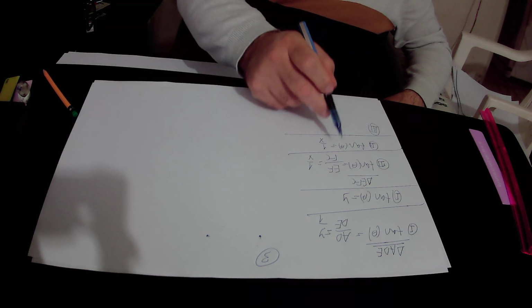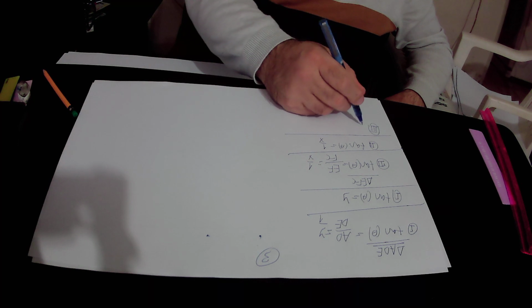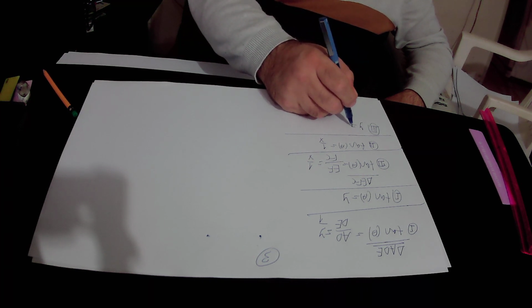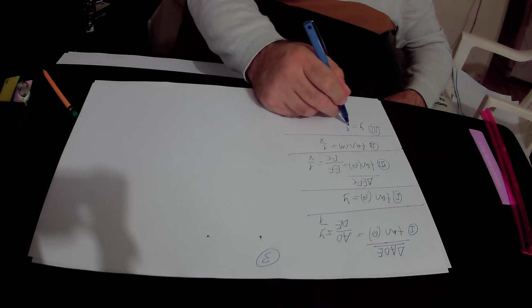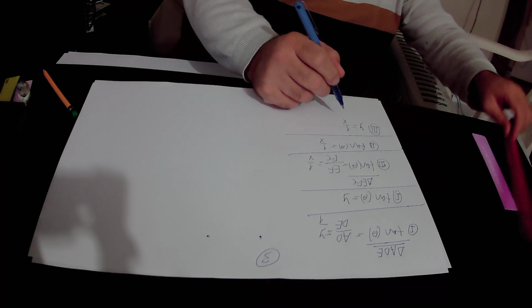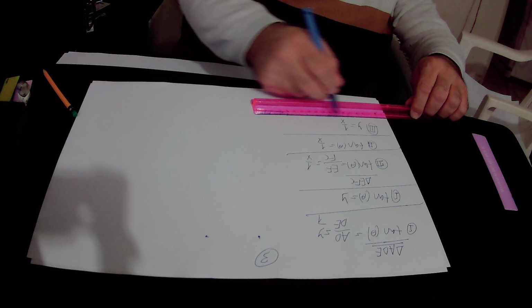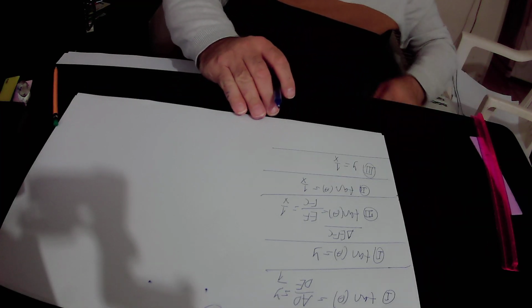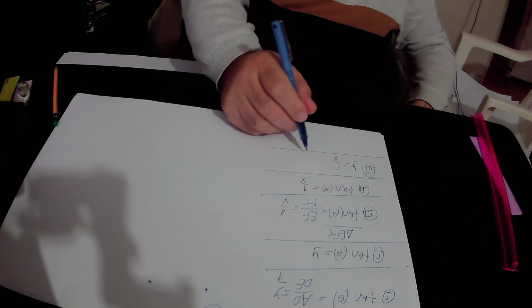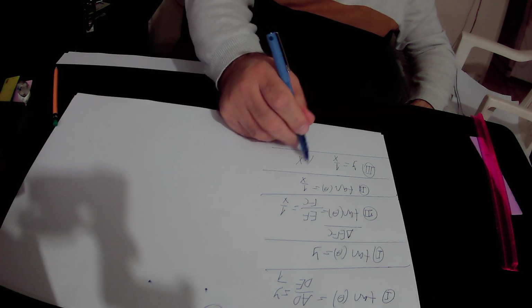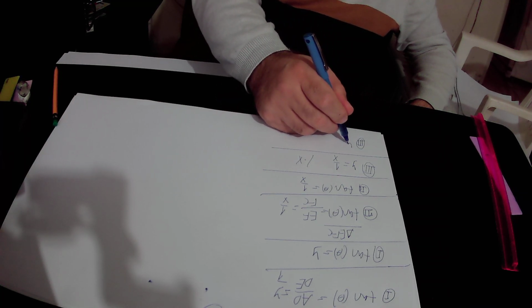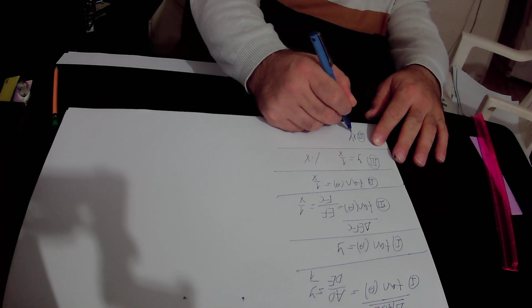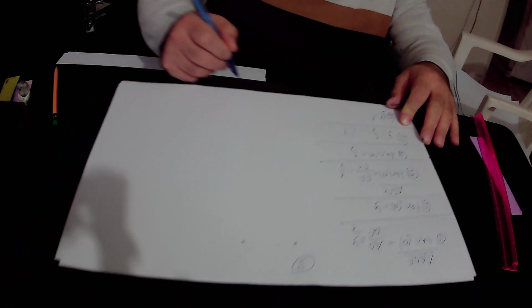So tangent theta according to equation number 1 is Y, and it must be equal to tangent theta according to equation number 2, that is 1 over X. So according to equation number 3, we found out that Y equals 1 over X. We will multiply equation number 3 by X, and we will get that according to equation number 3, X times Y equals 1.